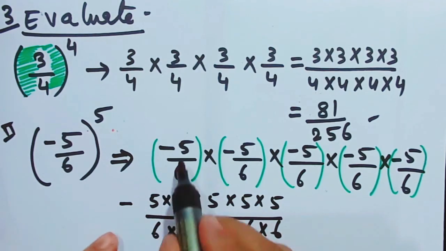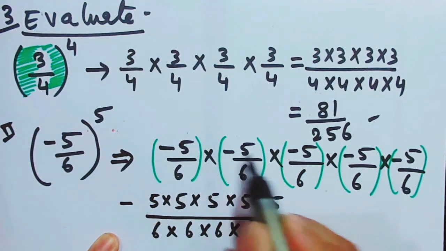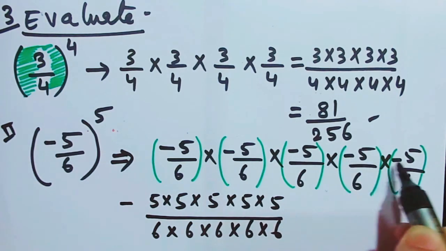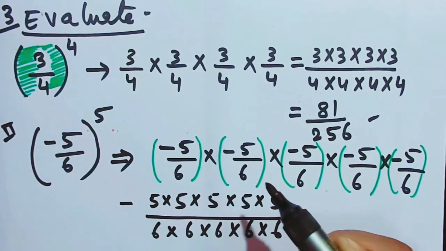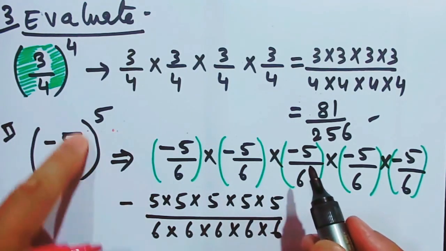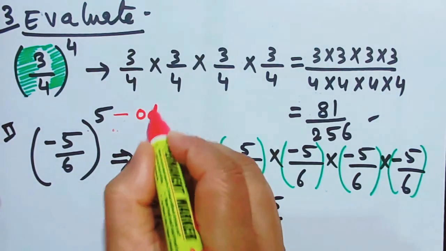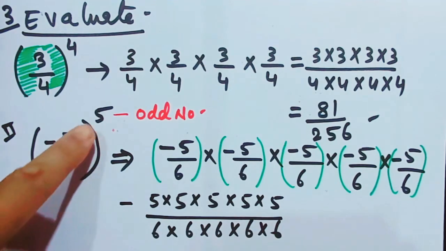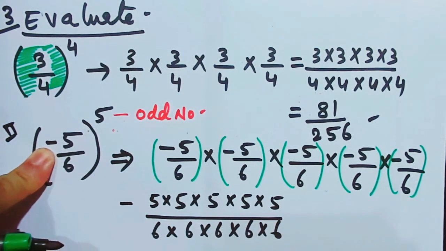What I have done is I have multiplied minus into minus plus, plus into minus minus, minus into minus plus, plus into minus minus. Instead of doing all this, you can directly write minus over here. Why? Because here you have an odd power, an odd number. Since you have an odd number, the negative sign will always persist.